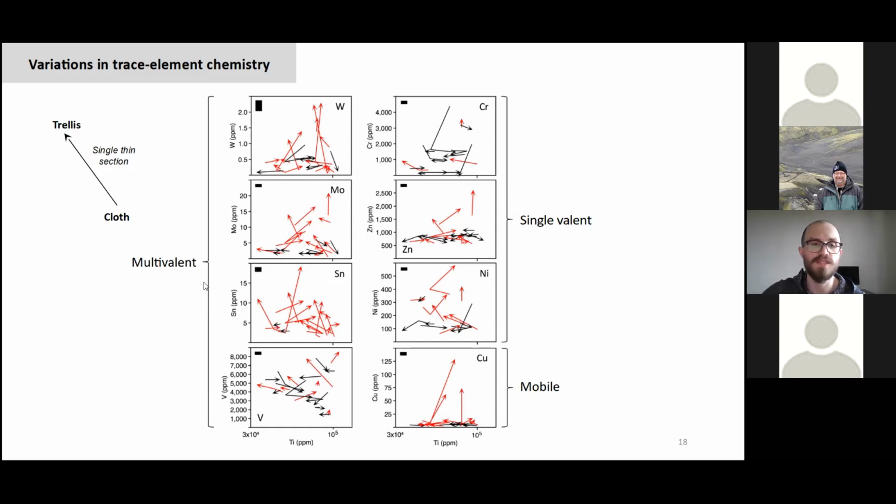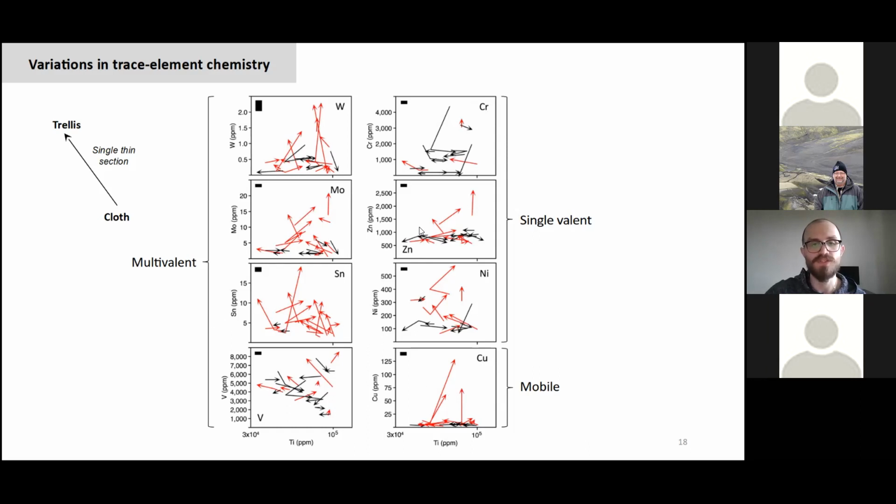And what we can see is that the multivalent elements such as molybdenum and tin, and the mobile elements such as copper, exhibit a systematic increase in concentration from cloth to trellis varieties, whereas the single valent elements such as chromium and zinc don't show any kind of trend with oxidation.